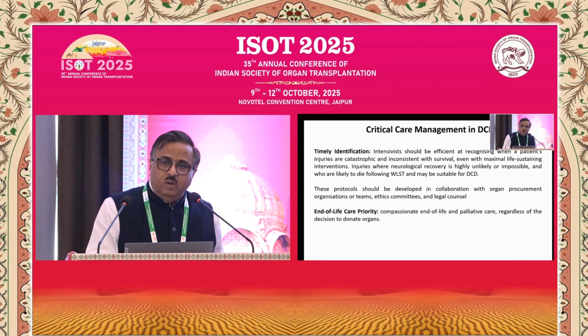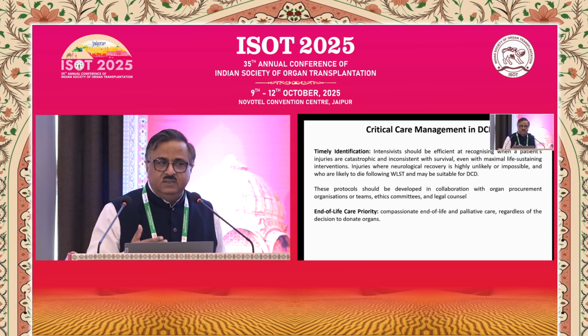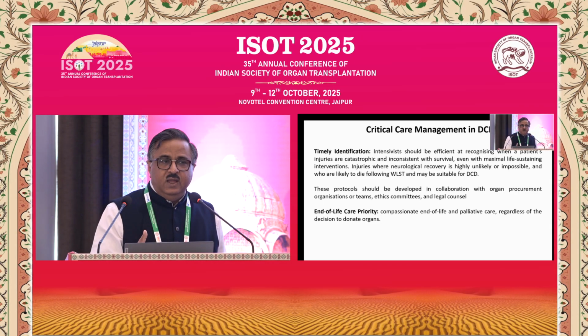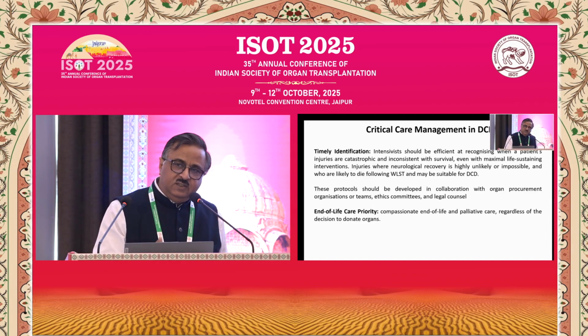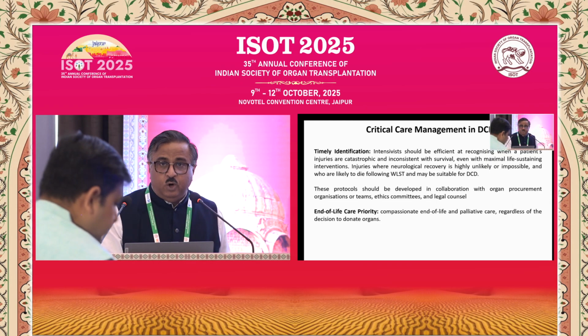It is our job as critical care physicians to be very compassionate with the patient and family members, and you have to explain to them that end of life care will continue. If you have attempted resuscitation and you know that the patient is going to die, you have to be very compassionate and explain to the patient's family members that this is going to happen, and before transferring also you have to counsel. So all those things are very, very important.